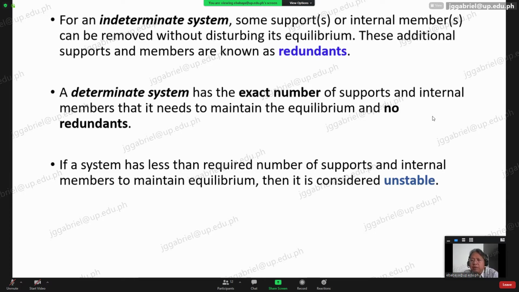Okay, for safety reasons, because if one member fails, then your system will still be stable. In case of a redundant support, when one support fails, your structure is still stable.